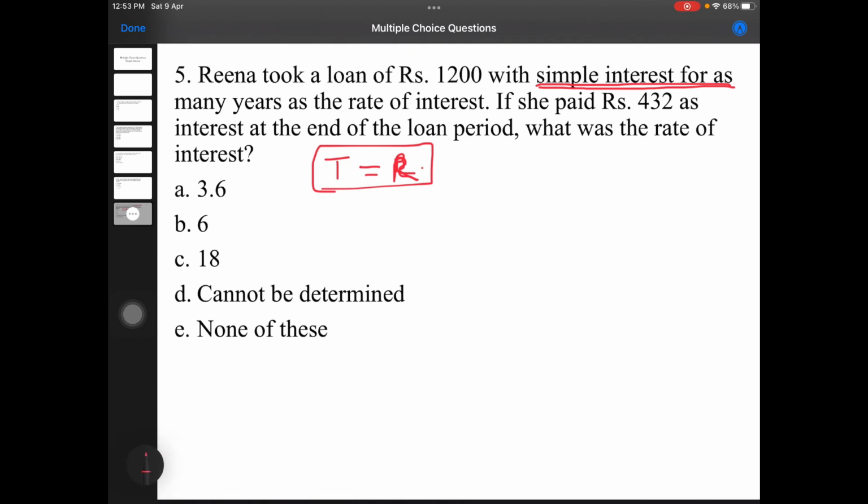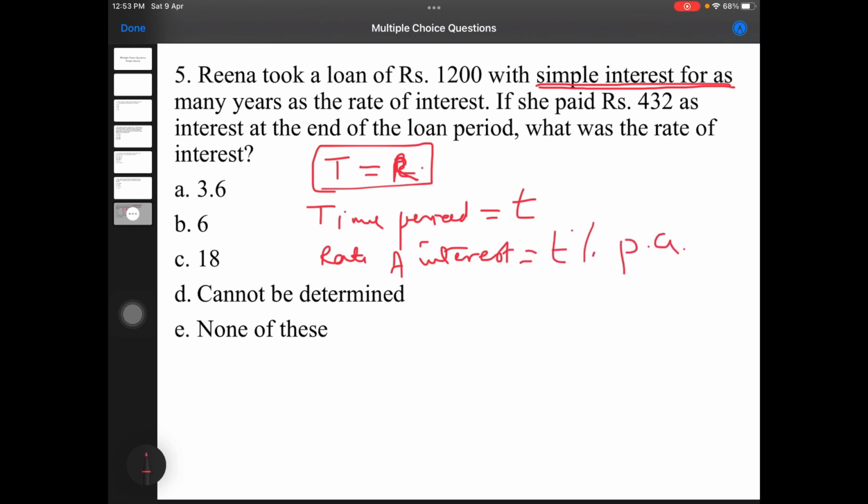So let's say the time period to be t, small t, and the rate of interest will be t% per annum. Why t? Because this statement says the simple interest is for as many years as the rate of interest.